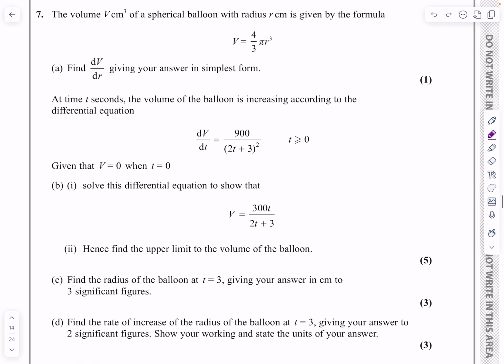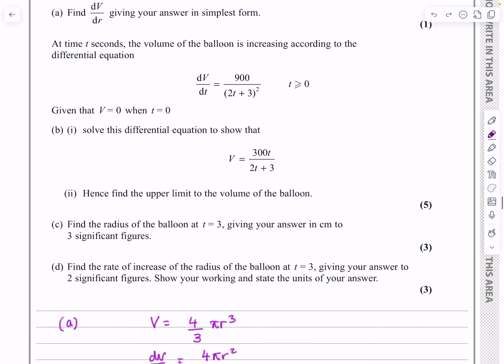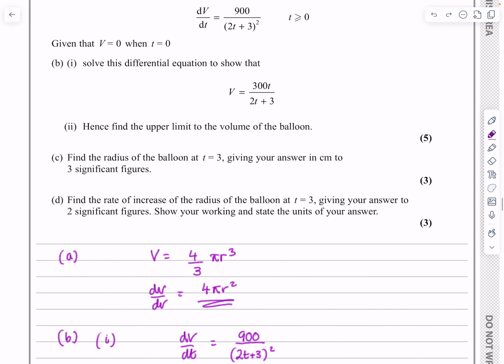And then part D, last part of a really long question. Find the rate of increase of the radius of the balloon at t equals 3. So rate of increase of radius, dr by dt. So that's what I'm trying to work out.